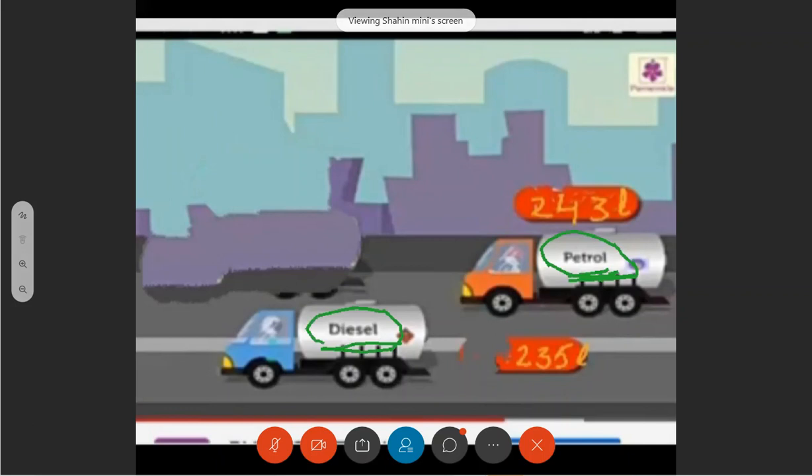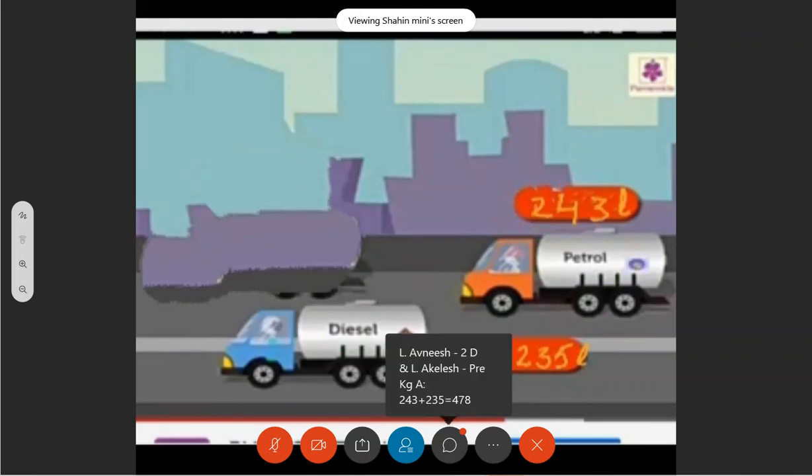243 liters. Yes. And the diesel tanker is having 235 liters. Now, yes, we are going to add. Sorry, 248. And another one is having 285 liters. 248 and 285 liters. Now we are going to add together. Okay, small vans are there, tankers are there. Let's do it.